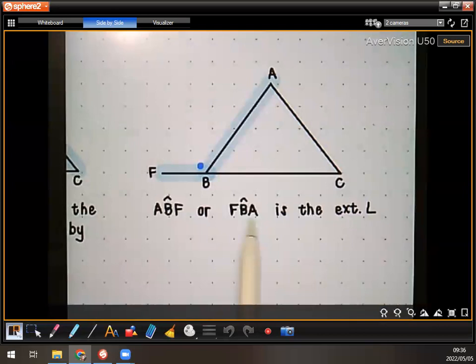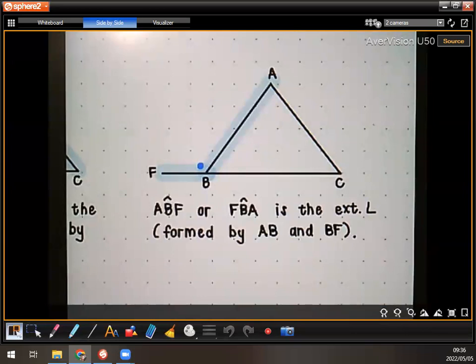So we can say angle ABF, or you can also call it FBA if you want to. Important, the B must be in the middle.